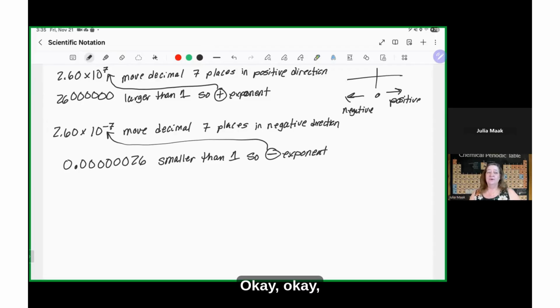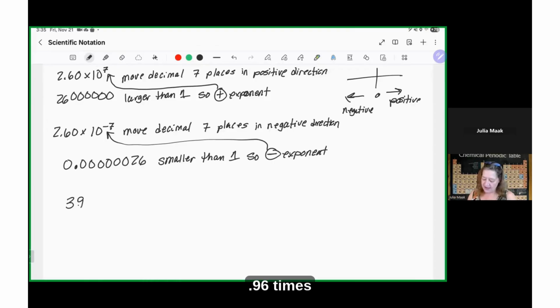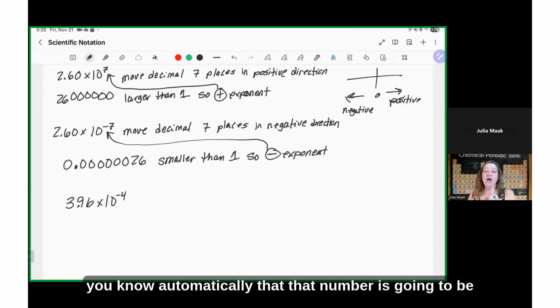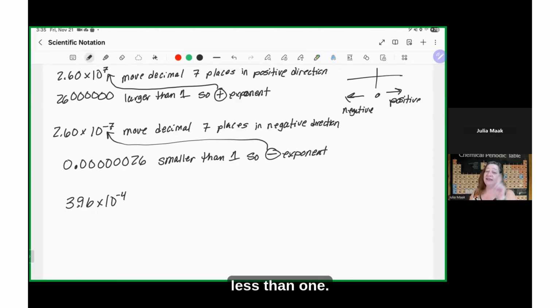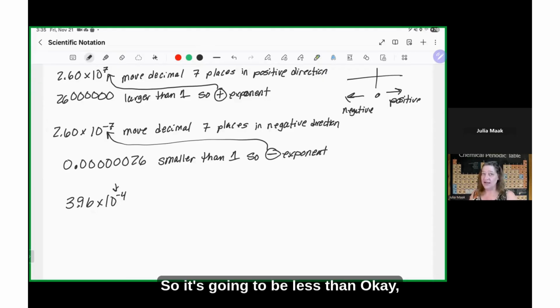Okay, so that is the easy way to see. Like if I gave you a number that was 3.96 times 10 to the negative 4, you know automatically that that number is going to be less than 1, because it has a negative exponent.